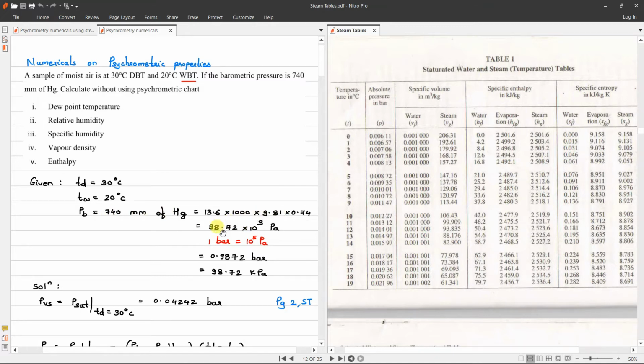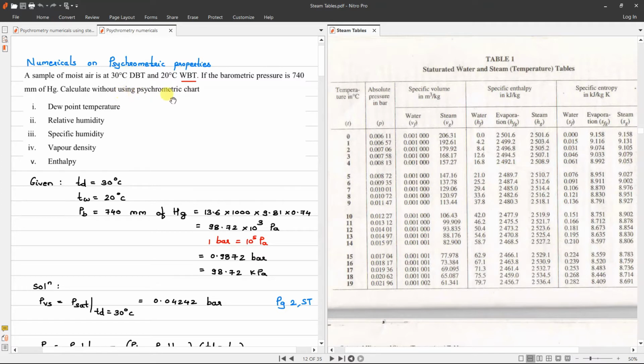From here we will get the value of barometric pressure. It is 98.72 into 10 raised to 3 Pascal. Now 1 bar is equal to 10 raised to 5 Pascal, so dividing by 10 raised to 5, you will get 0.9872 bar. And if you multiply bar by 100, you will get 98.72 kilopascal. So this is about the conversion part. We'll continue with the question.